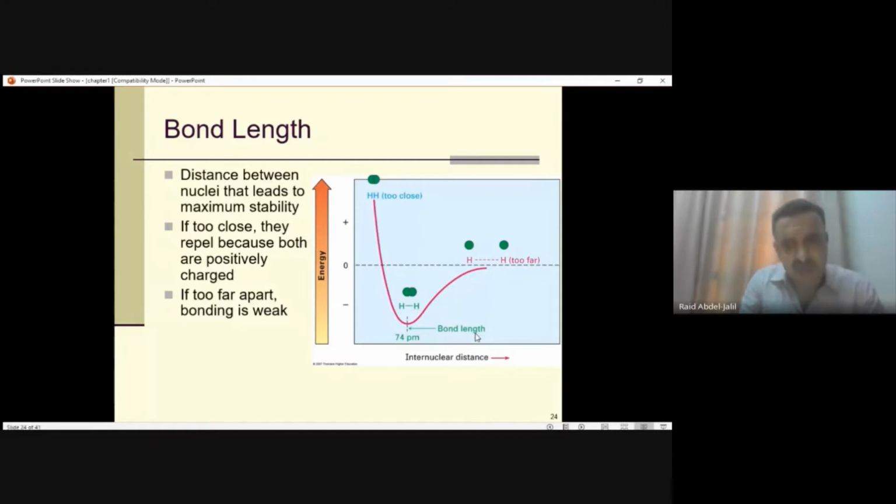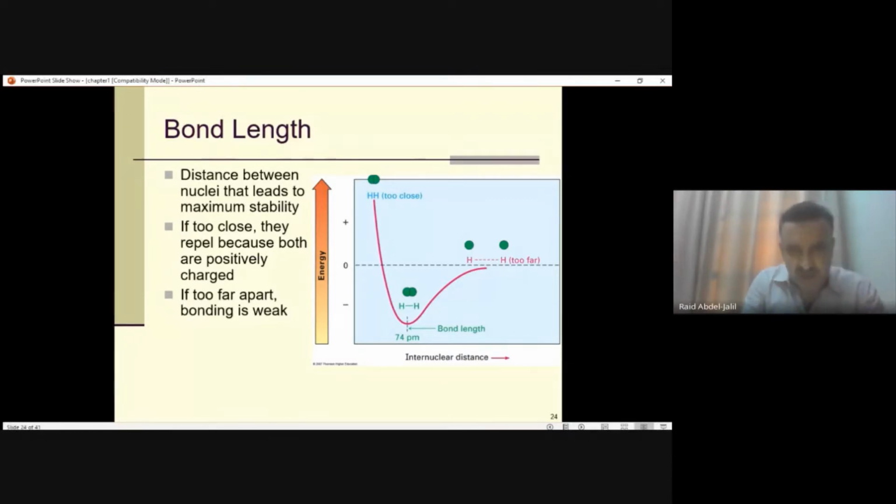By the way, always keep this graph in mind, because it explains bonding between any two atoms in chemistry. This is the simplest graph. We simply apply it to two hydrogens here, but in reality it applies to any bond formed between any two atoms in chemistry.